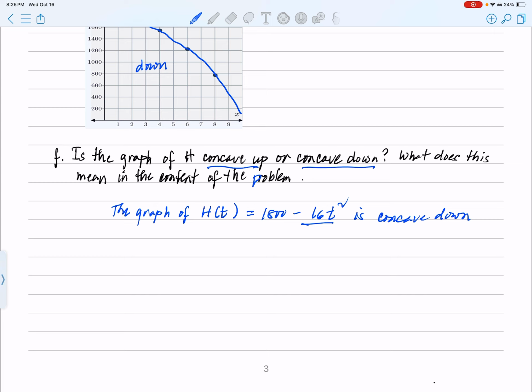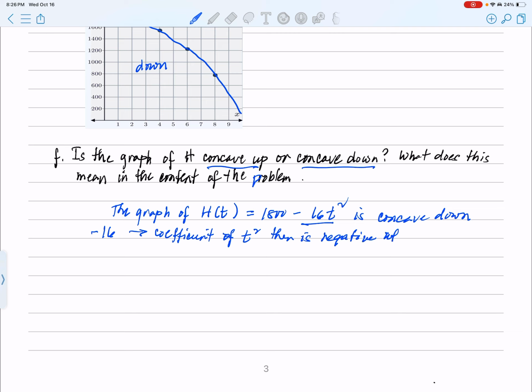So we could say that the t squared has a coefficient of negative 16. If we're not looking at the graph, what does the coefficient of t squared mean? It's negative.